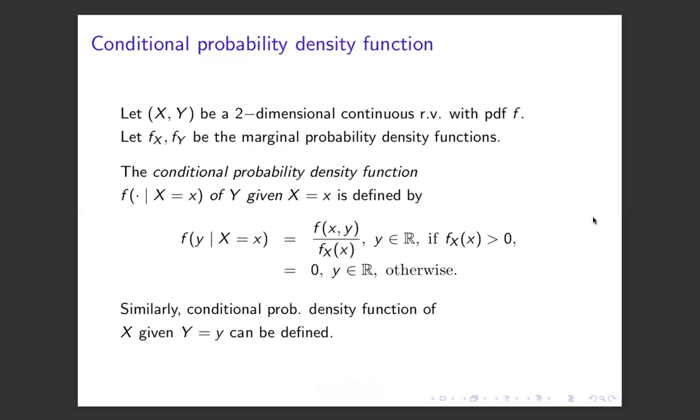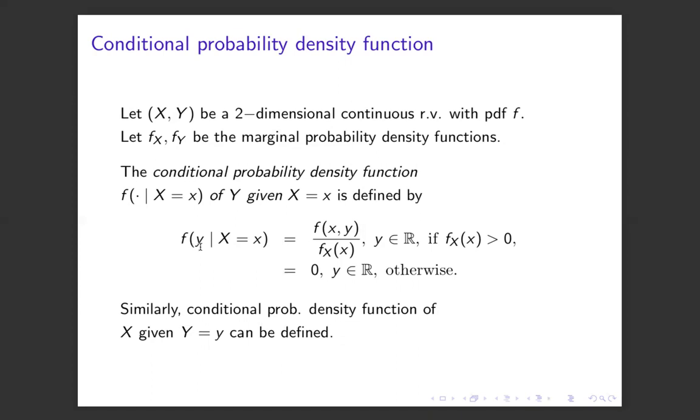Then the conditional probability density function F sort of dot given X, capital X equal to little x, of Y given X equal to x, that is defined by. So this is going to be a function of y. This dot denotes that blank, that variable.